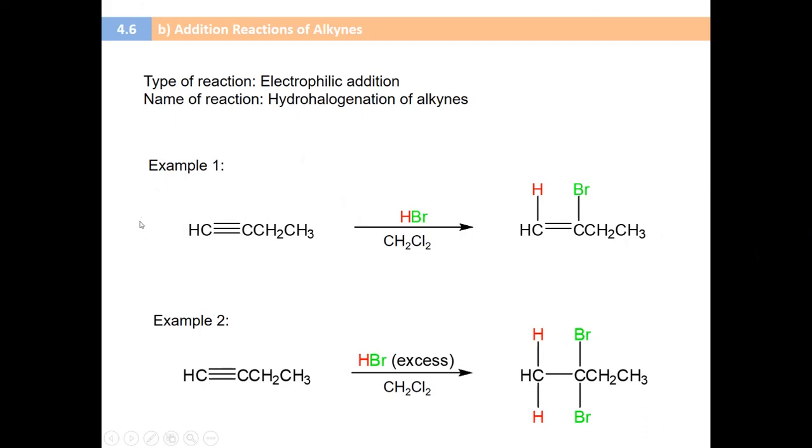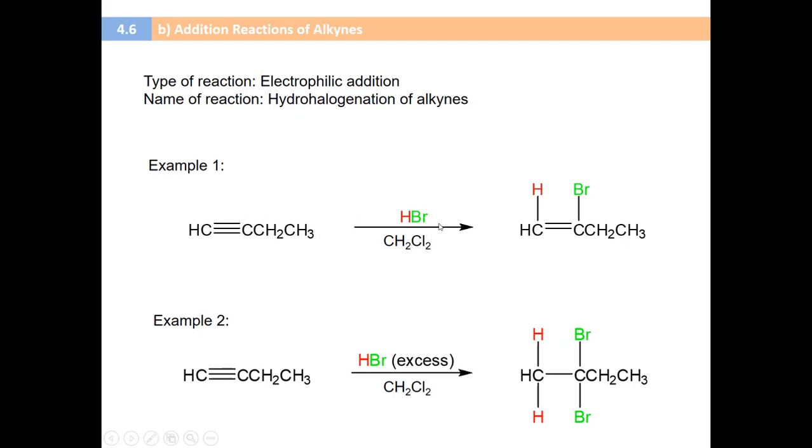Okay, how about this? This we call an unsymmetrical alkyne. Hydrogen will add to the carbon which has the higher number of hydrogens, whereas bromine will add to the carbon which has the lowest or fewest number of hydrogens.